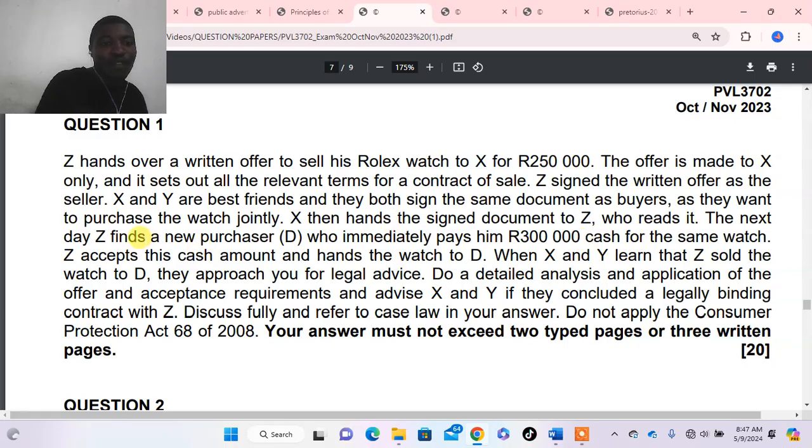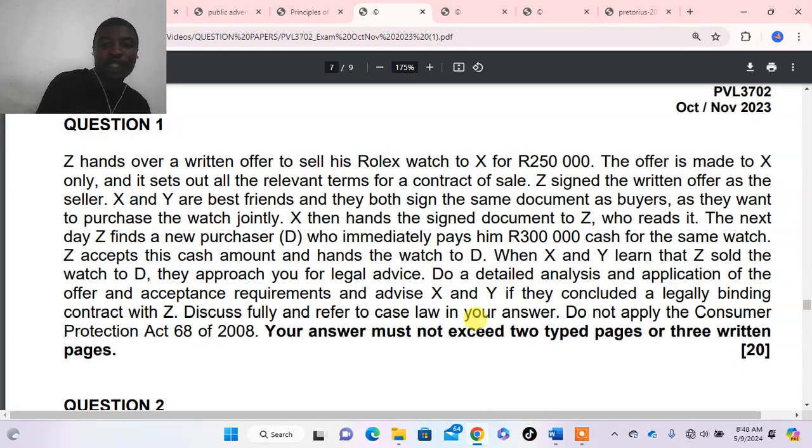Then the next day, he found a new purchaser. Even though he found the new purchaser, he had already concluded the contract with X. Therefore, the contract with X has already come into being because the offer was made to X. Even if X signed jointly, the signature of X is the one that will always be recognized.